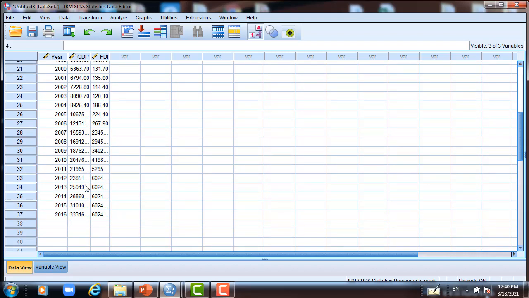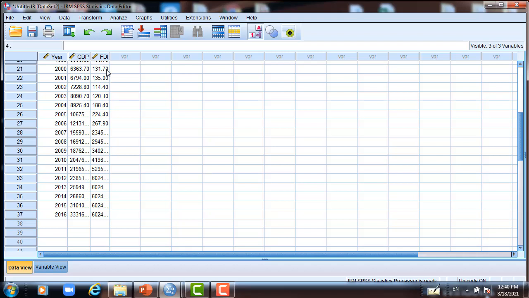Now before we run the regression, regression analysis is used when we want to predict the value of a variable based on the value of another variable. In this case, the variable we are using to predict the other variable's value is called the independent variable, which is foreign direct investment, or sometimes we call it the predictor variable.